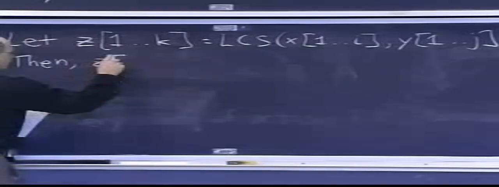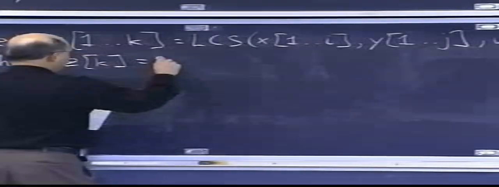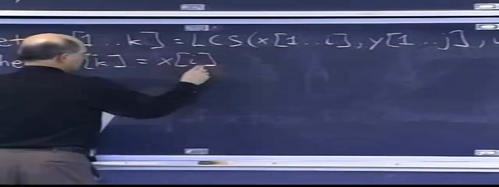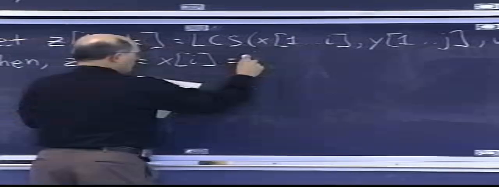And now what we're going to do is start taking a look at the structure of Z. Okay? So there is some longest common subsequence. We're just going to call it Z. So the first thing I claim is that Z of k is equal to x of I, which is, of course, equal to y of j.